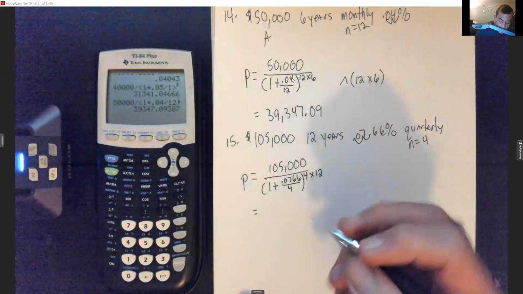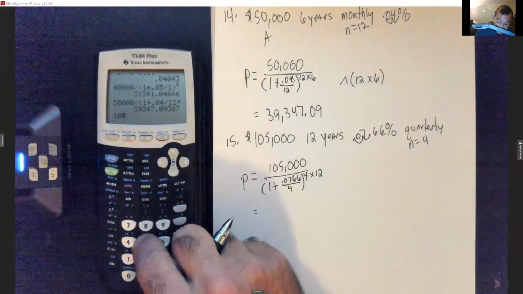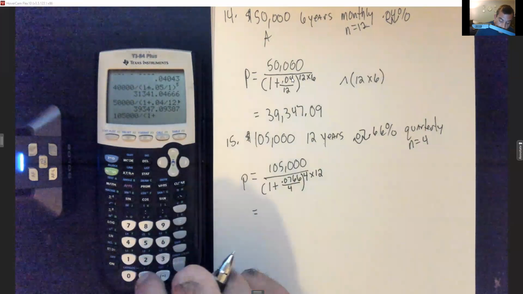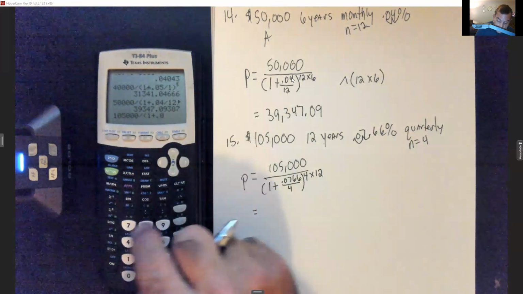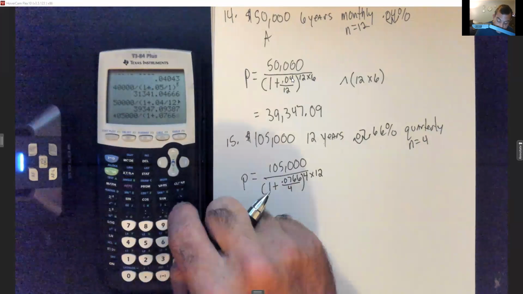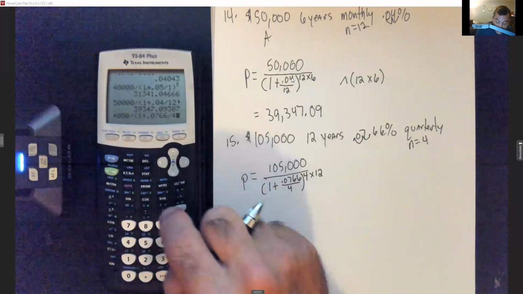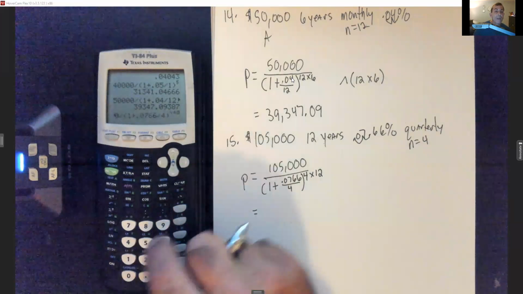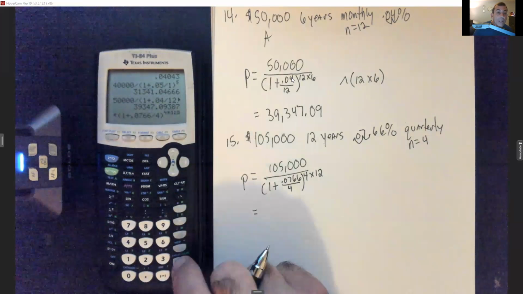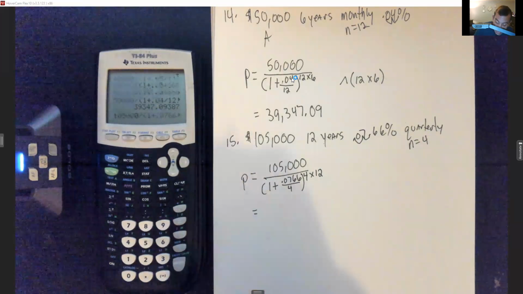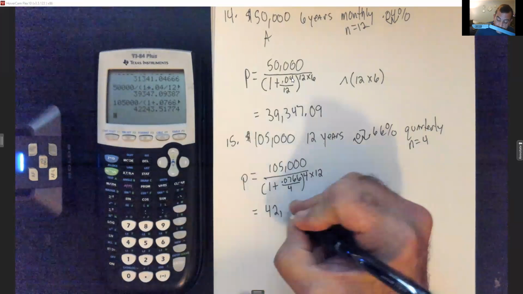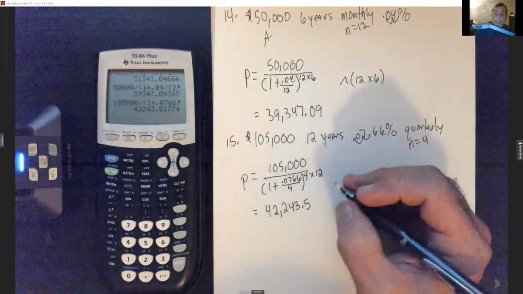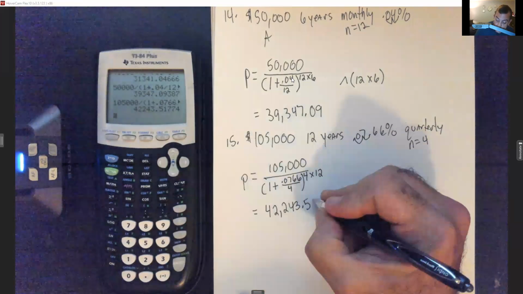All right, so here we go, 105,000 divided by parentheses 1 plus 0.0766 divided by 4, close parentheses, exponent is 4 times 12. All right, so here we go. I get $42,243, and that 51, since that's a 7 behind the 1, that's going to become a 2.